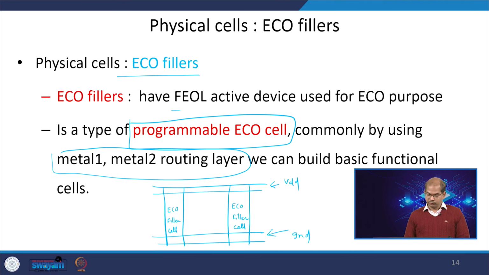We can take the output of the flip flop and connect it to the input of this cell. Let us say this is an ECO buffer cell. You connect the output of the flip flop to the input of the ECO filler, then you take the output here and connect it.